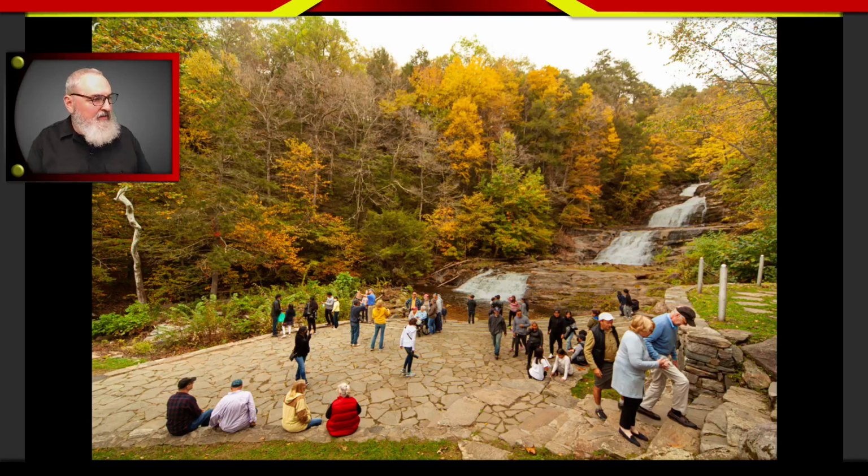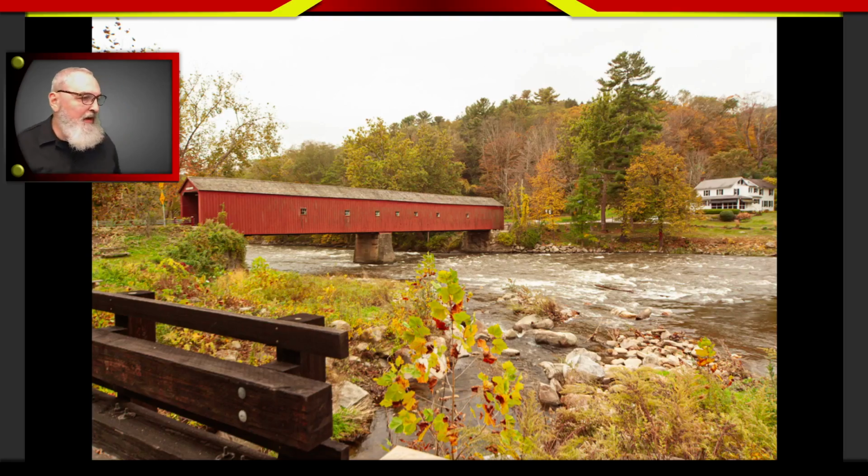When we got into the second image closer to the falls, I noticed there was a little bit more color, but it's still very yellow. Not quite a nice mix of a variety of colors, but at least there are some colors there. And it's the same thing with the covered bridge.